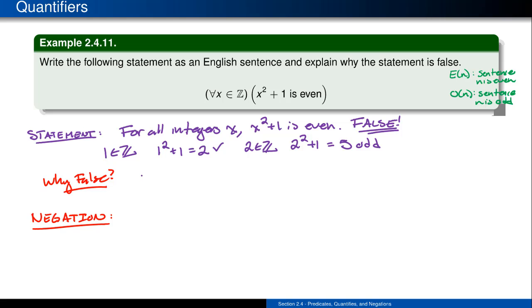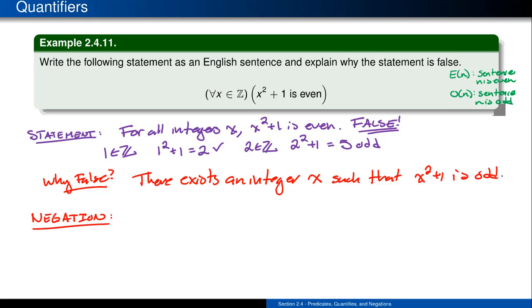Well, the idea is that there exists an integer x, in this case that x happens to be 2, such that x squared plus 1 is odd. All right, so that's exactly the kind of breakdown that's happening in this case.